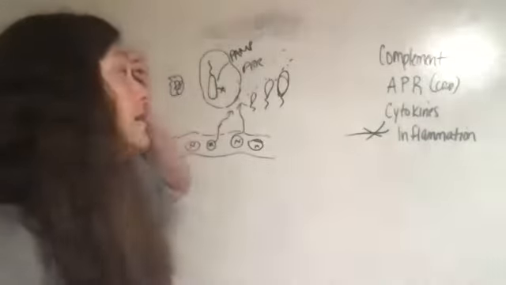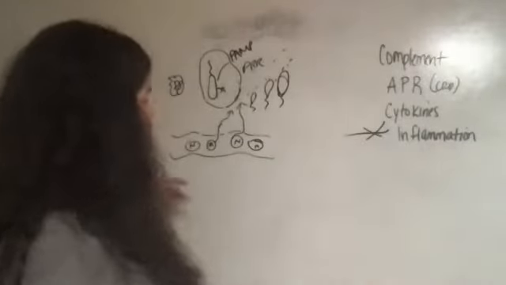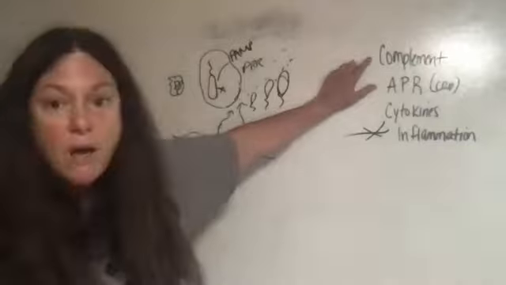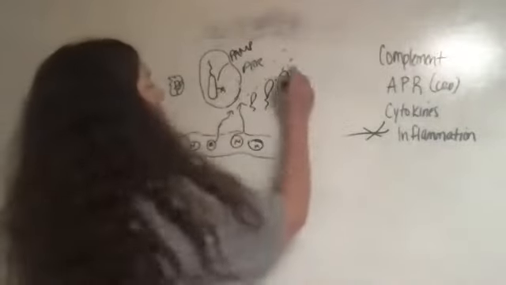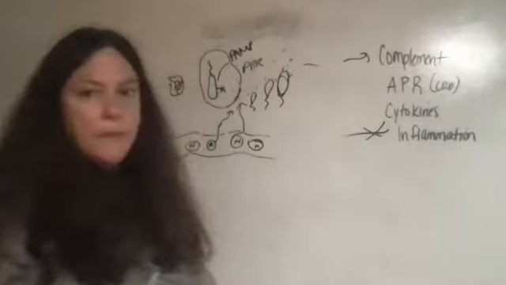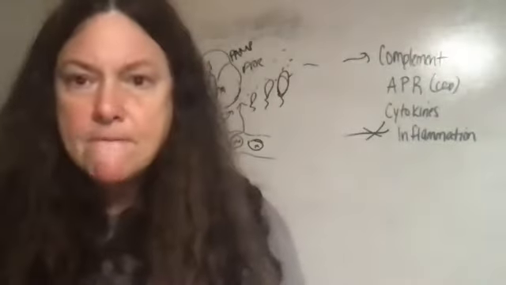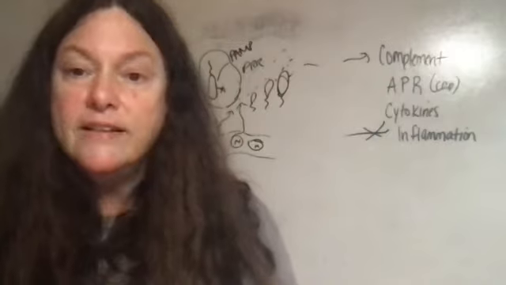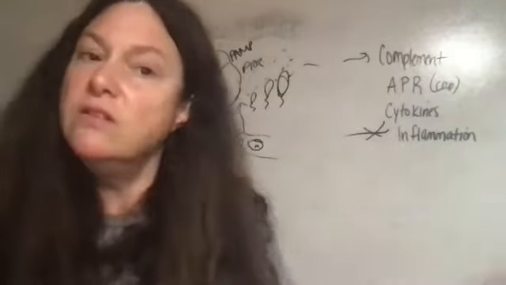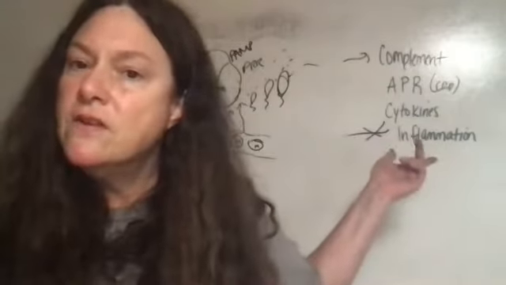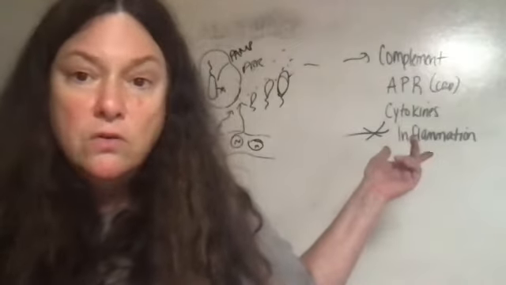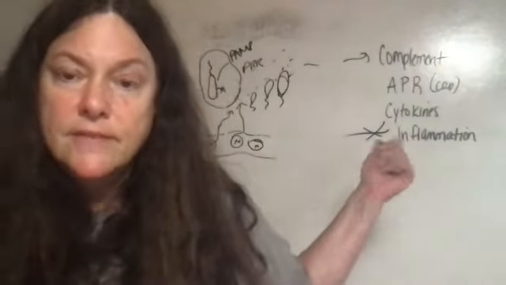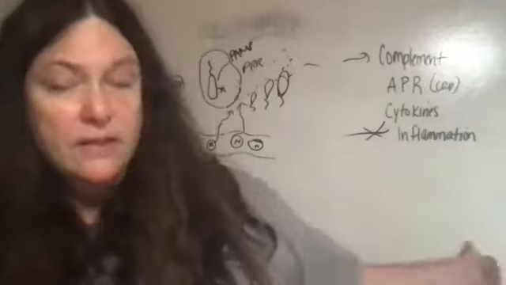Okay, these cytokines also start up the complement cascade. So what complement cascade would this one start? From a pathogen cell wall, it would set up the alternative pathway, okay?